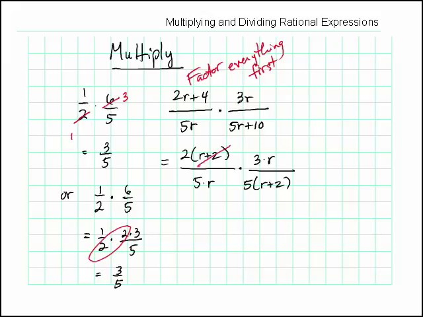I can get rid of the r plus 2's there, and I can get rid of those r's. Let's see what we have left. 2 times a 3, which is 6, over a 5 times a 5, which is 25. And there's my answer.